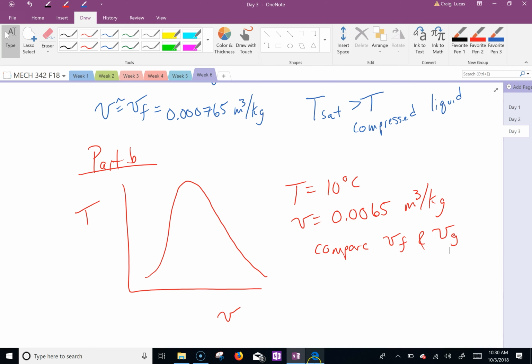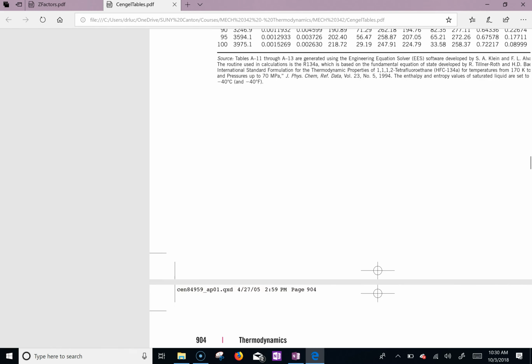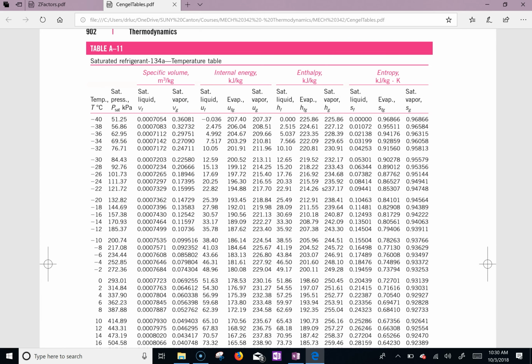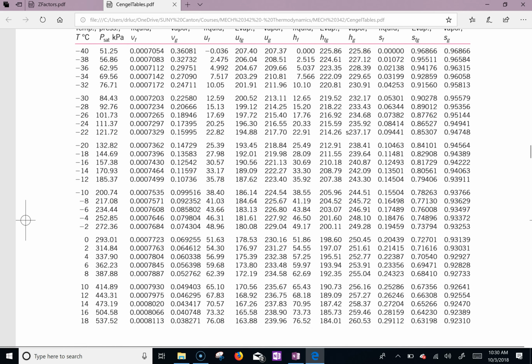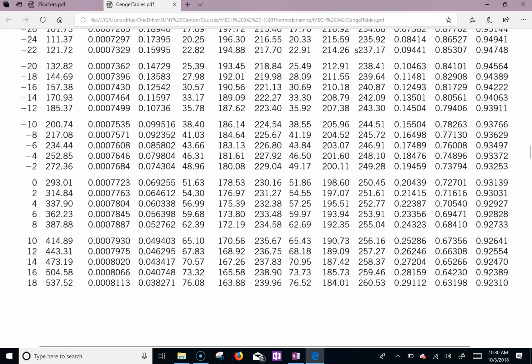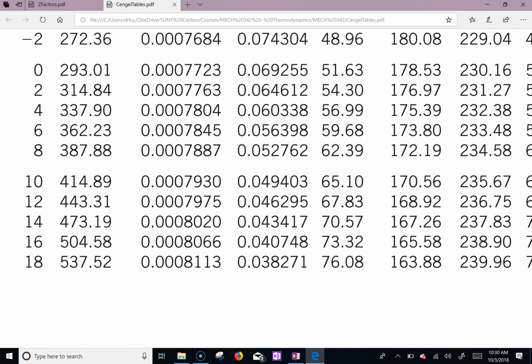So 10 degrees C. We got to use these tables, right? So the third column over, third and fourth, so I want to zoom right in. So 0.0, is there 2 zeros?